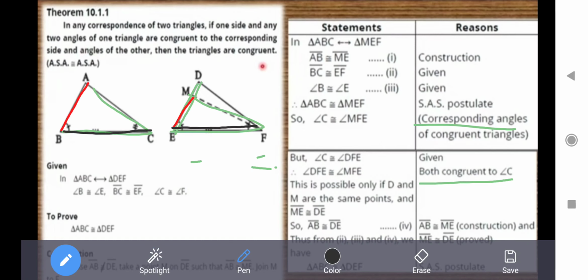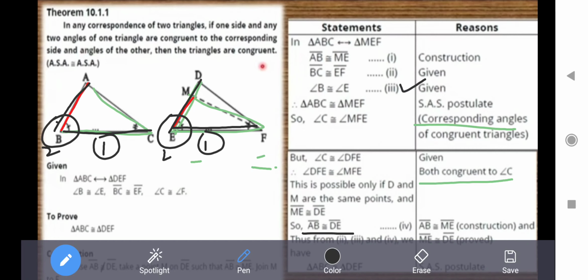This is one side. I am calling this 1, and this also 1. Okay. Then third, angle B is congruent to angle E. I am calling the angle 2. And the last one is AB is congruent to DE. This is 3 and 3.